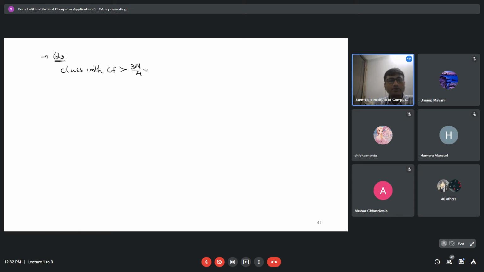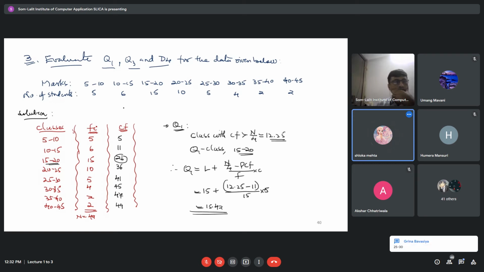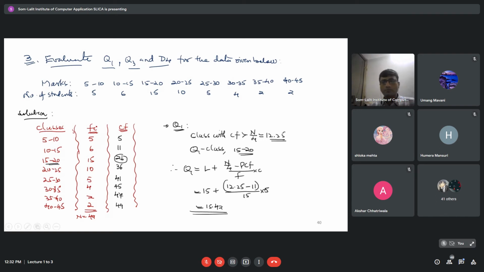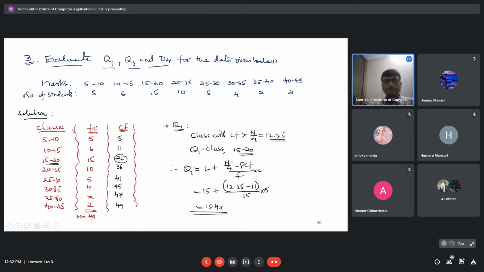Which class will you get if you use this? 15 to 20. Hmm? Yes. It's 25 to 30, I suppose. Okay. It's right. Now get all values and place into that formula and let me know what is Q3.